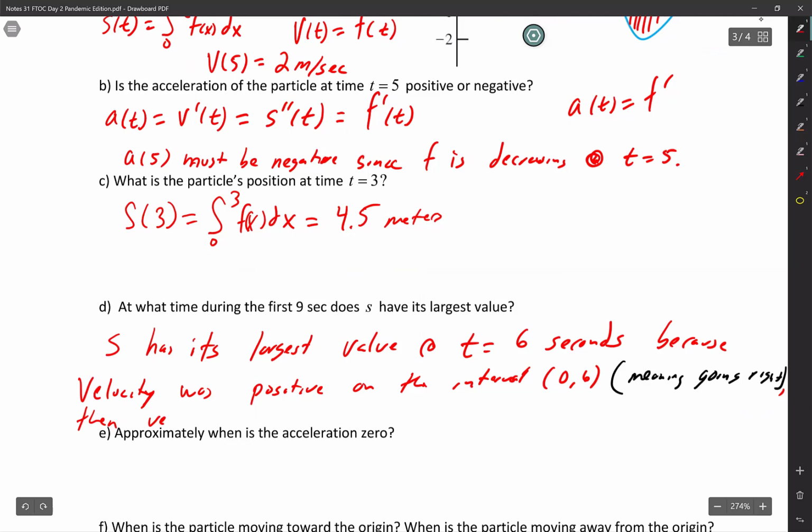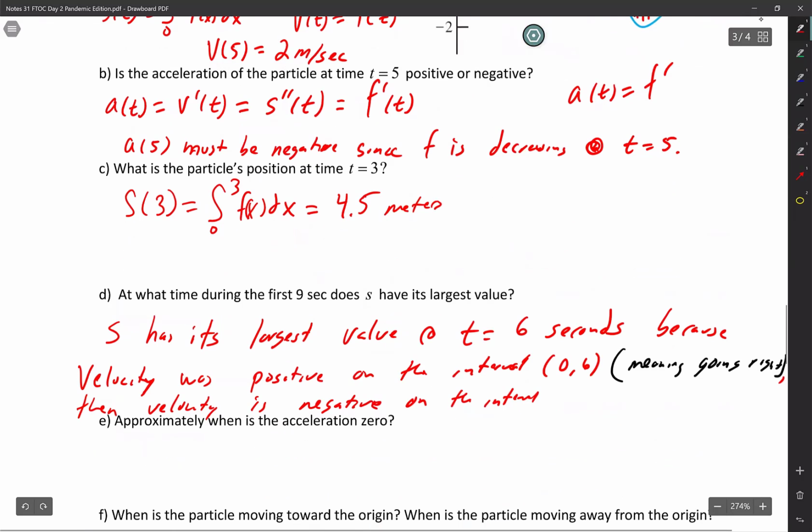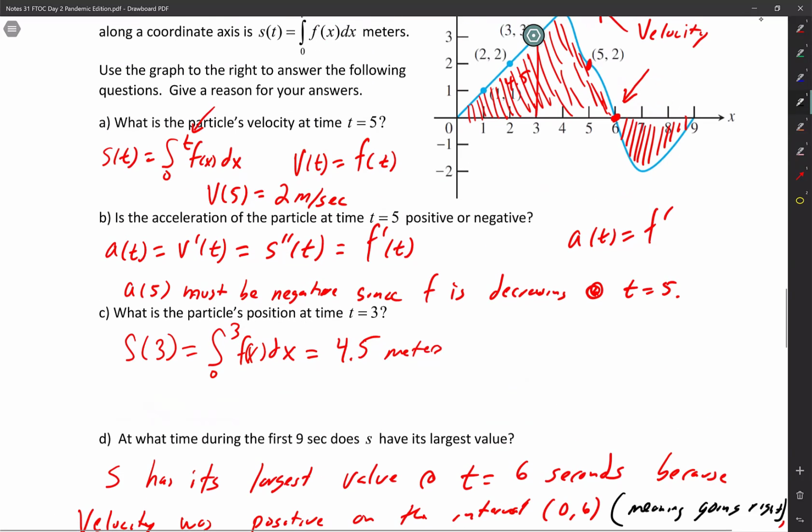Then velocity is negative on the interval 6 to 9, meaning moving left. Maybe I'm writing too much, but I'm just trying to be specific so you guys can understand. And you move to the right way more than you move to the left. Look at all the area in red. That's how much you move to the right. Does that make sense, guys?